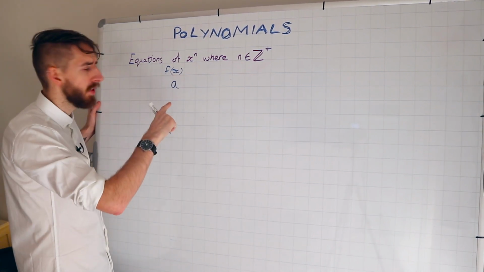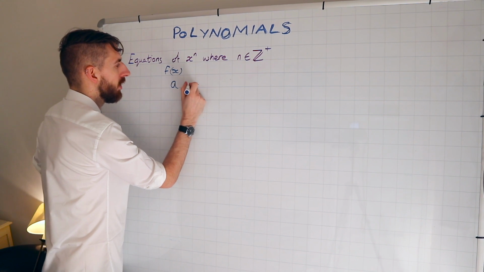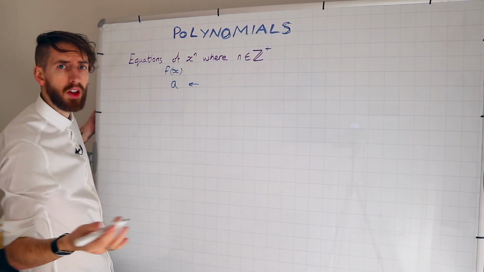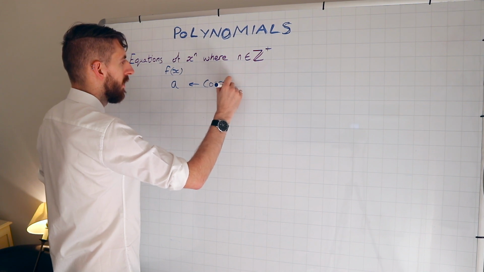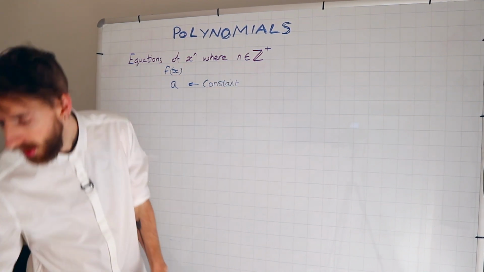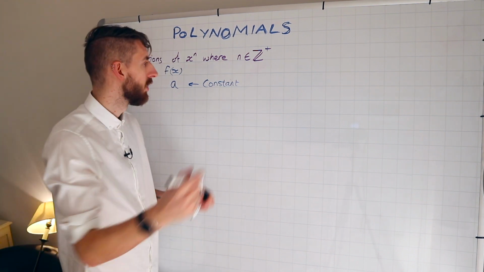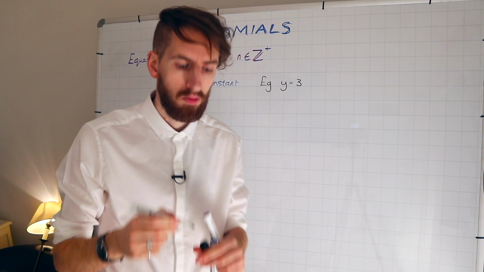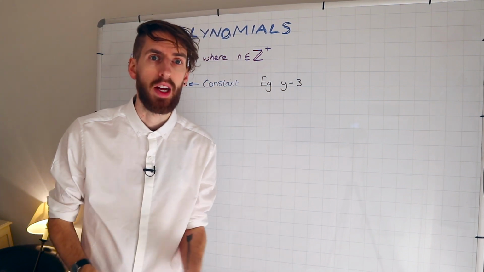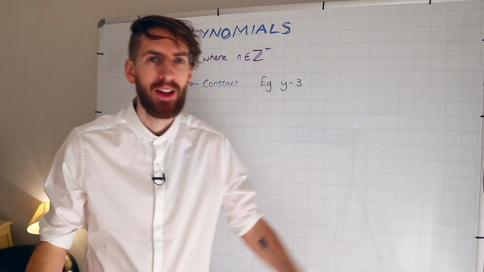Now a is a coefficient, and in this example, this is just a constant, it's just a number. Now for example, y equals 3, it's just a number. It's constant, it doesn't change. There's no variable to change that.